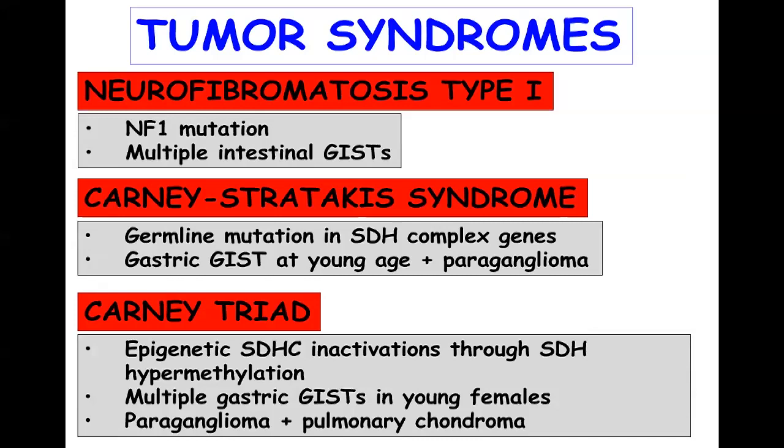And Carney triad, epigenetic SDHC inactivation through SDHC hypermethylation, characterized by multiple gastric GIST in young females with paraganglioma plus pulmonary chondroma.